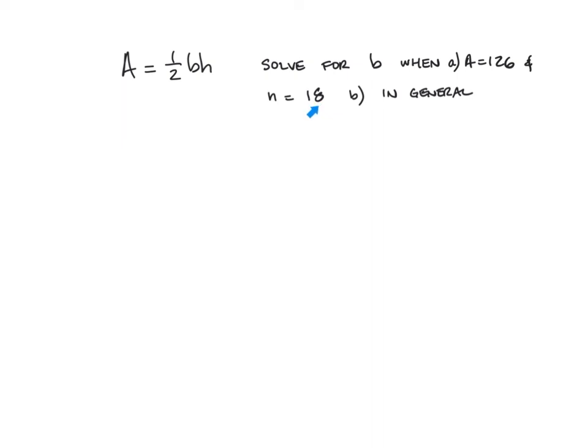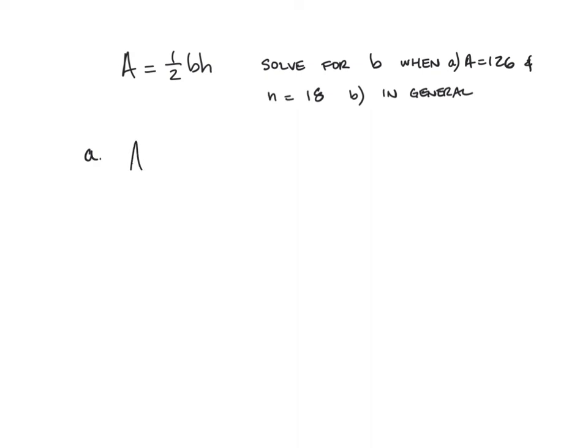Okay, so that's kind of similar to what we've been doing. And then after that it says also part B is to solve it in general. And that's just like solve it like a literal equation. So we'll just solve for b, but leave all a and h in there as a and h. So we have two separate problems.